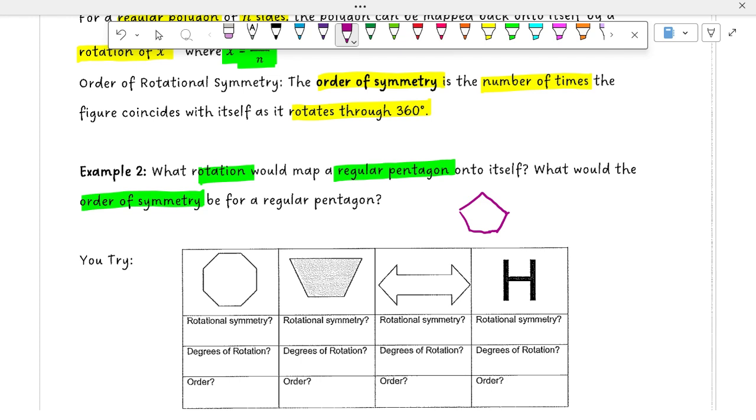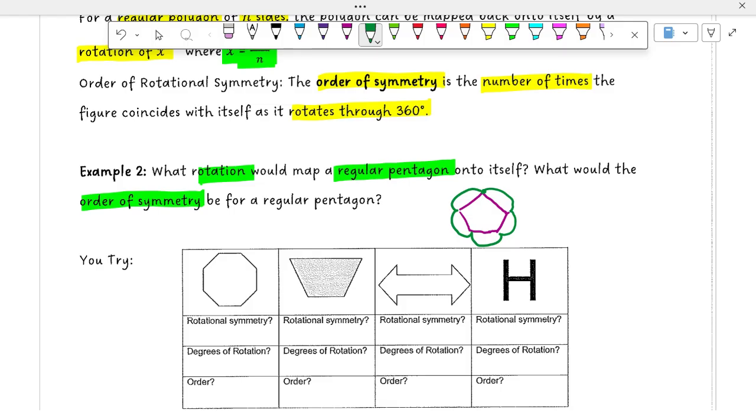Even though it's not drawn to scale, all the sides are congruent, all the angles are congruent. So how many times can it map on itself? 5 times. Let's say we start at this point. We can go 1, 2, 3, 4, 5 different spots and it'll map onto itself perfectly.